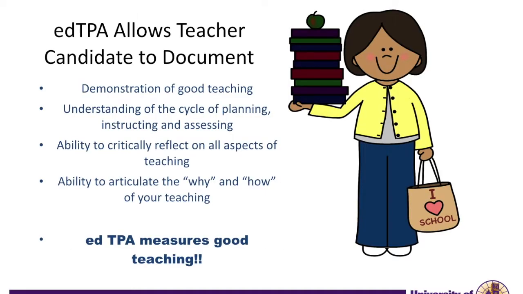In summary, the edTPA allows candidates to show what they know and are able to do and be as great teachers. It is interesting that the Iowa Department of Education piloted an edTPA, which is called the Iowa Teacher Performance Assessment, last year.